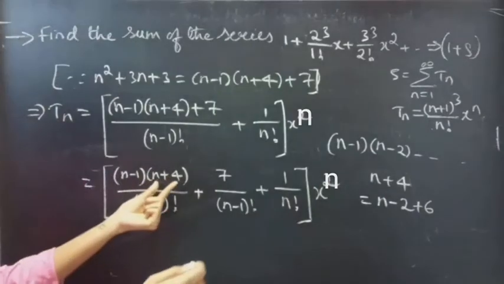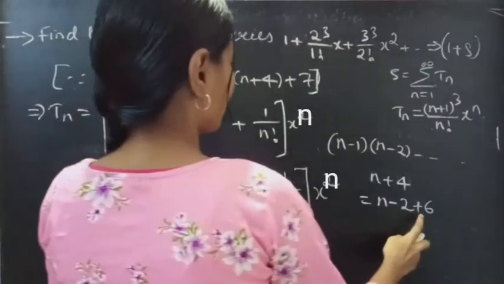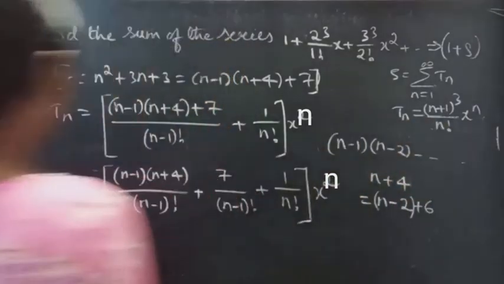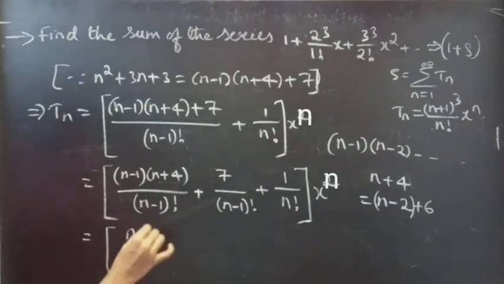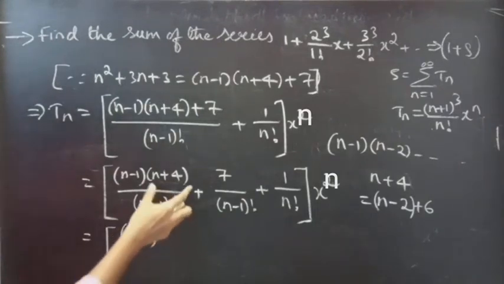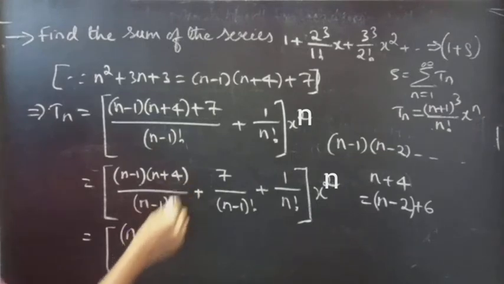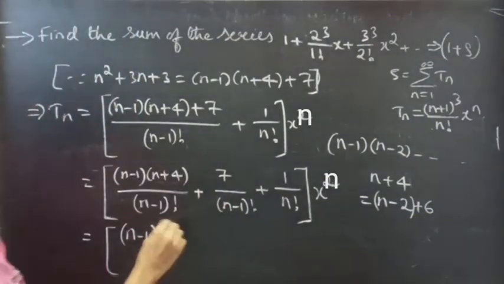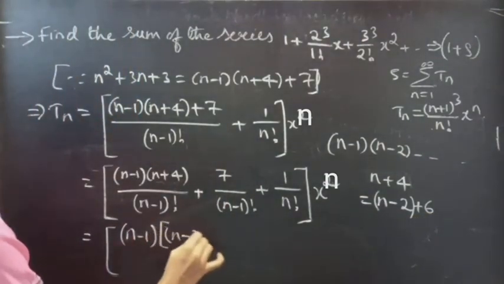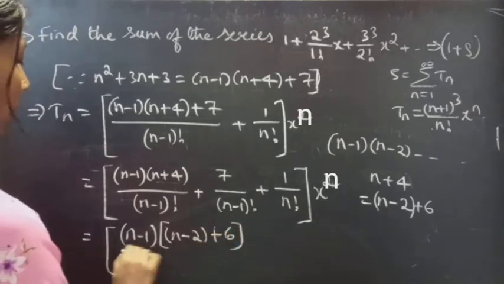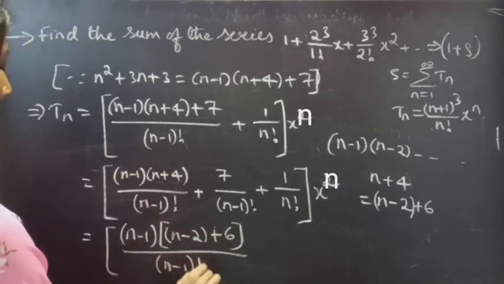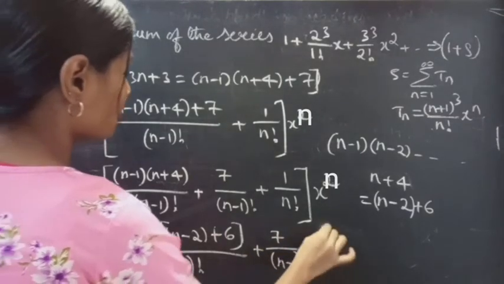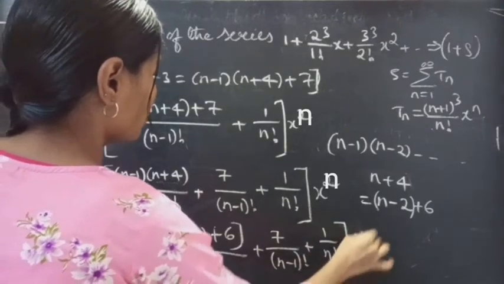So we'll replace n plus 4 by n minus 2 plus 6, so that we can consider n minus 2 as one number and 6 as another. So this equals (n minus 1) into (n minus 2 plus 6) by n minus 1 factorial plus 7 by n minus 1 factorial plus 1 by n factorial into x square.